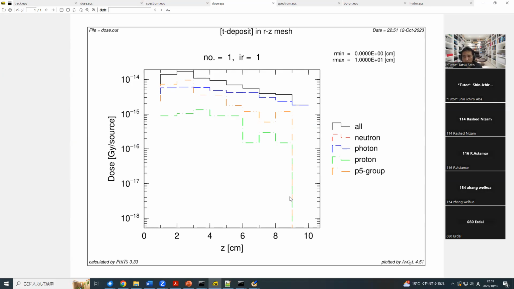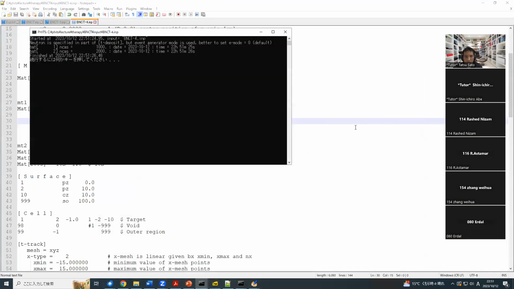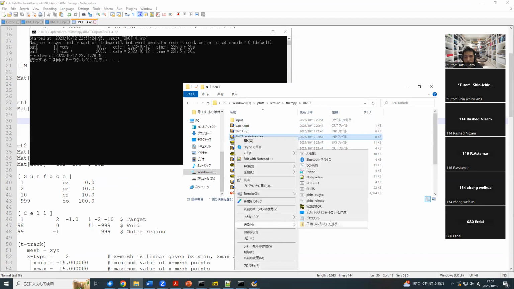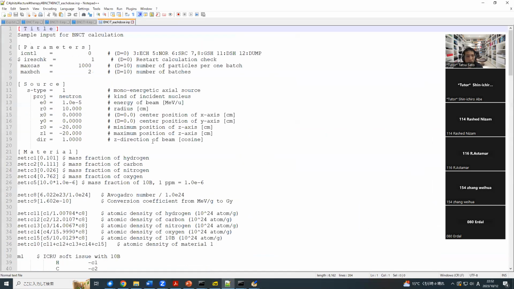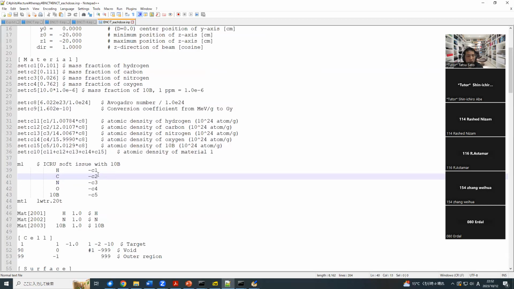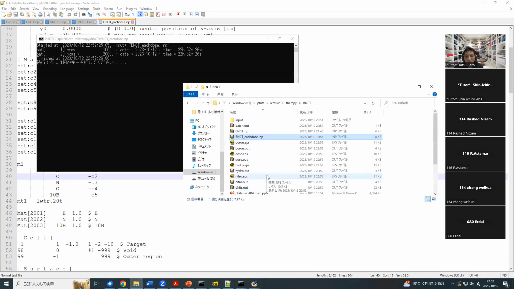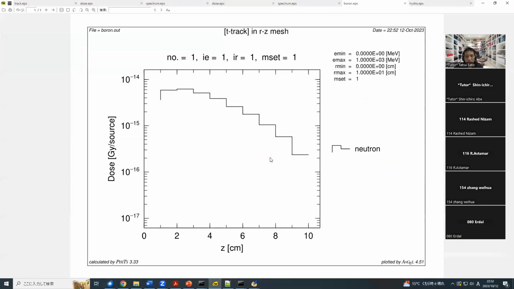But this bug doesn't influence the later part of this lecture. So if I run Bnct each dose, without specifying carbon 12, so as it is, we got rather normal data as we expect from the PPT file.